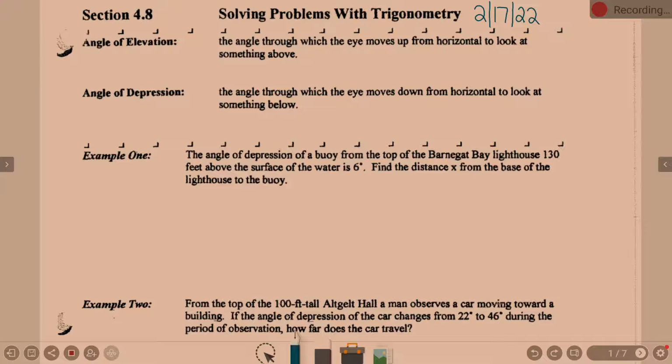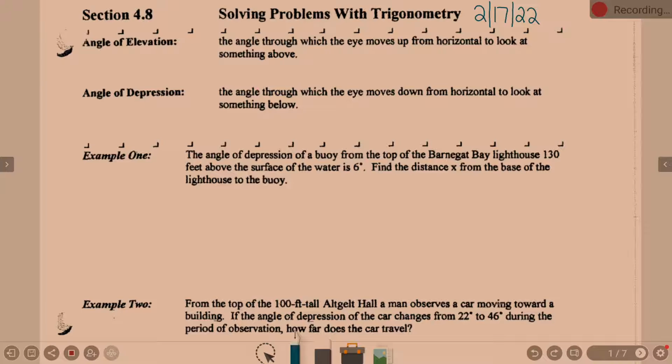Okay. A little bit of definition, because you will see a little bit of vocabulary here. Angle of elevation and angle of depression. Probably things you've heard. I think we used angle of elevation in the last word problem that we had. Angle of elevation: the angle through which the eye moves up from the horizontal to look at something above. So that's usually the horizontal being ground level. Angle of elevation is the angle between the ground and what I'm looking at up above.